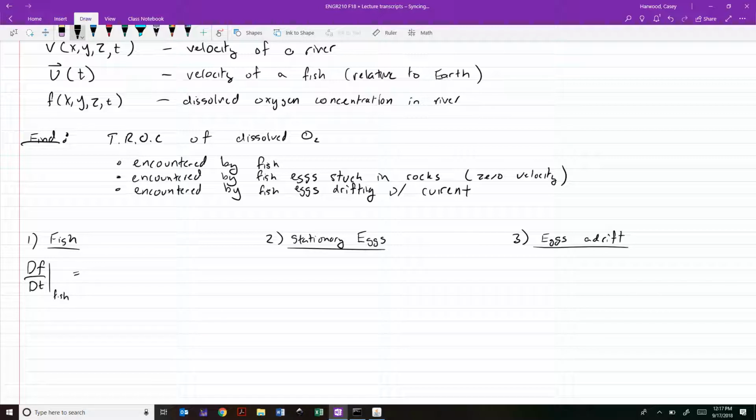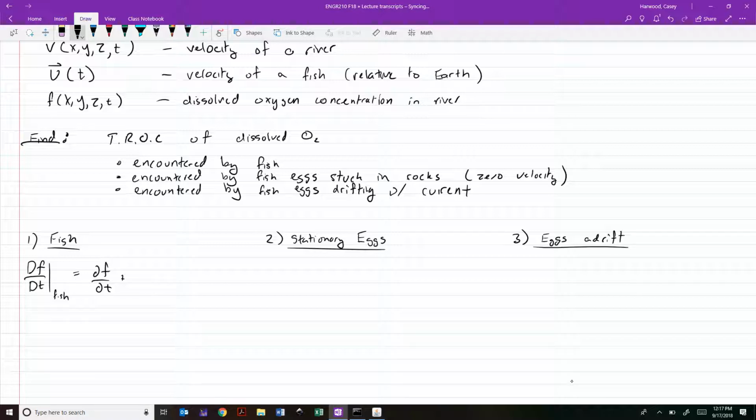First term, think local rate of change. What variable is going to go into that operator? Good. ∂f/∂t, right? That's the time rate of change of the dissolved oxygen throughout the river. Okay, so obviously if the fish is in the river, it's going to experience that. Plus, what would our convective term involve?